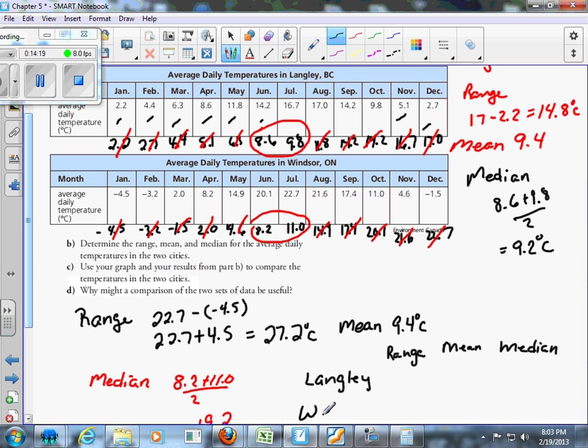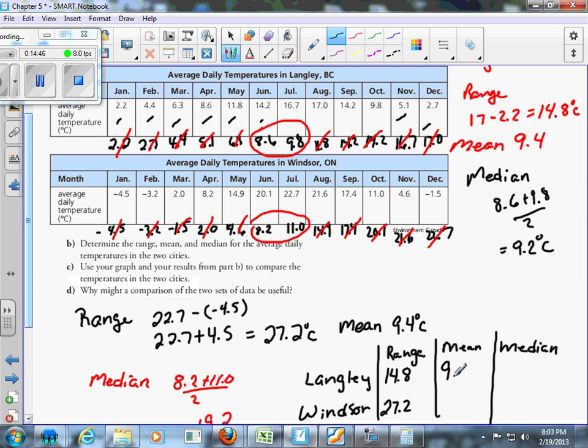And we also have Windsor. The range for Langley was 14.8 degrees, whereas the range for Windsor, Ontario was 27.2 degrees.